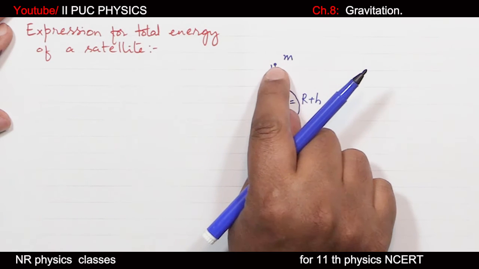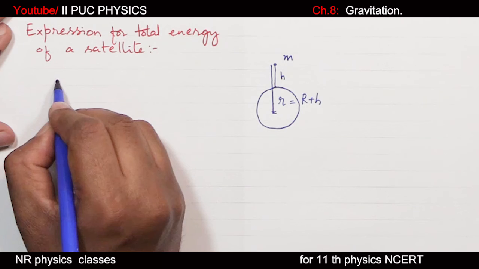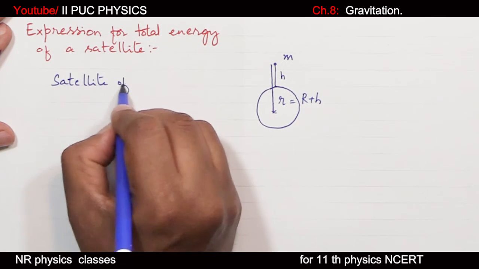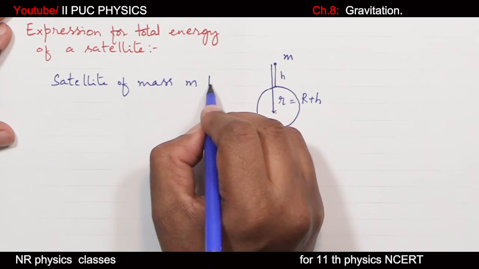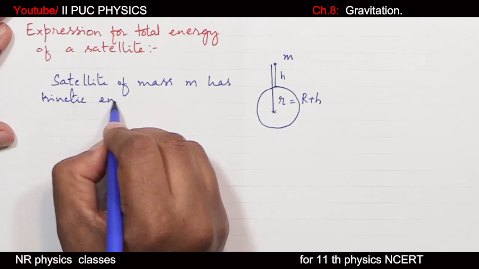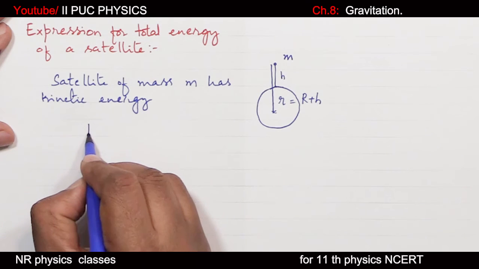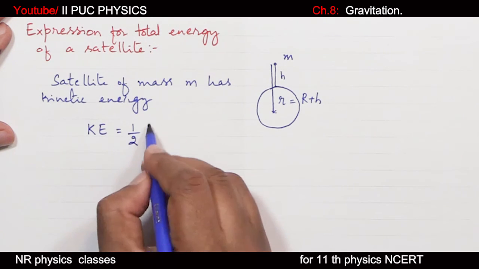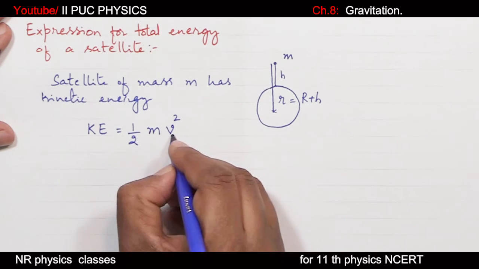So satellite has kinetic energy. And kinetic energy of the satellite is half mass of the satellite into velocity square, and this is orbital velocity.